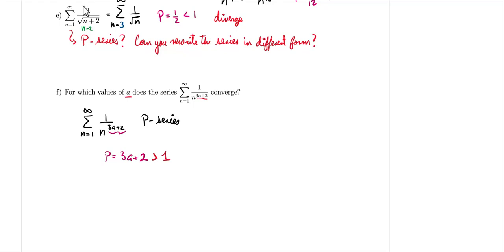So at this point, we just need to solve the inequality. Solving the inequality, we have 3a is greater than negative 1, divided by 3, so a is greater than negative 1/3. So if we want this series to converge, then the a values have to be greater than negative 1/3. And there we go. That's it for this problem.